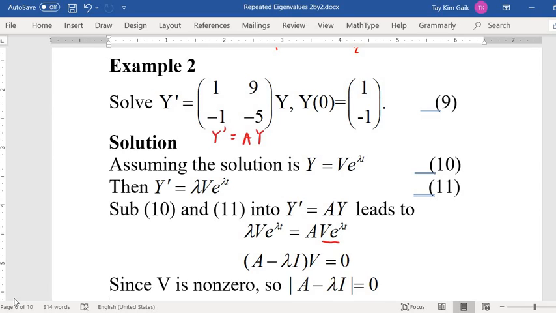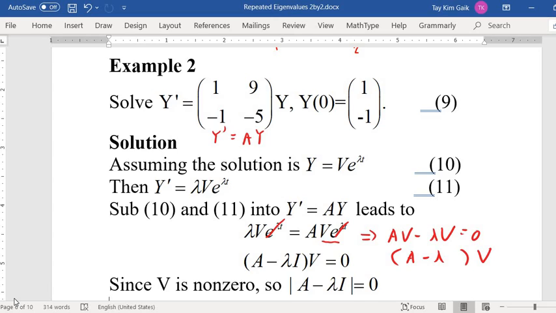Differentiating y, you get lambda v e to the lambda t, and then we cancel the e to the lambda t on both sides. Here you get A v minus lambda v equal to 0. Factor out the v here.